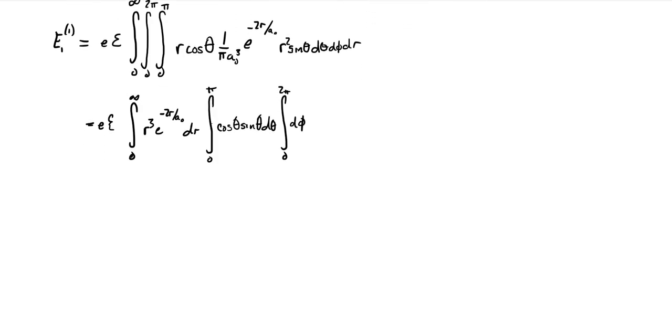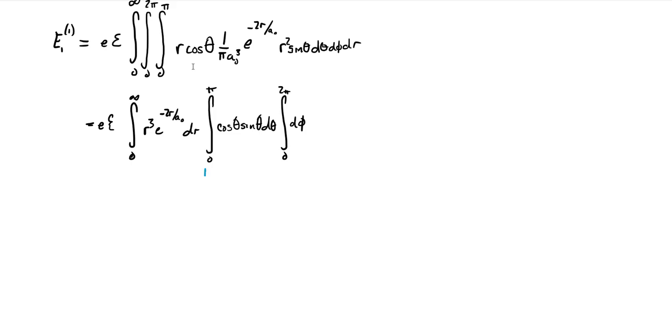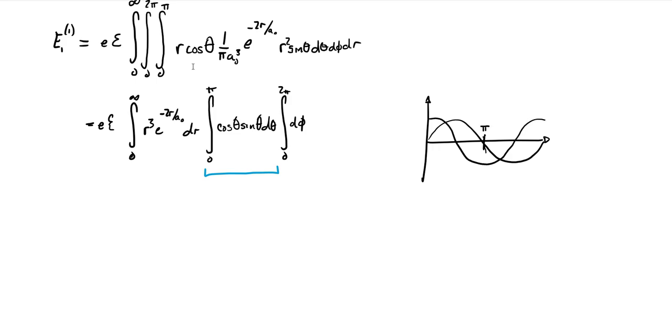If we look at this integral and think a bit about it, we can quickly realize that it goes to 0. If we look particularly at the integral over the polar angle, we see that it goes to 0. If we just plot a sine function and a cosine function along here, we're integrating from 0 to pi.